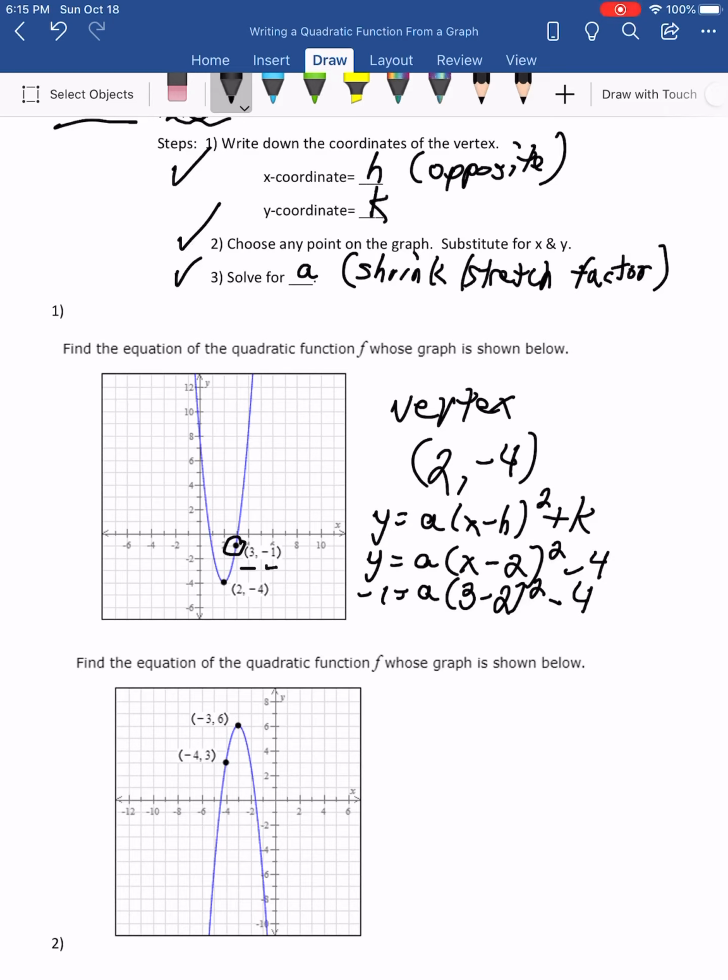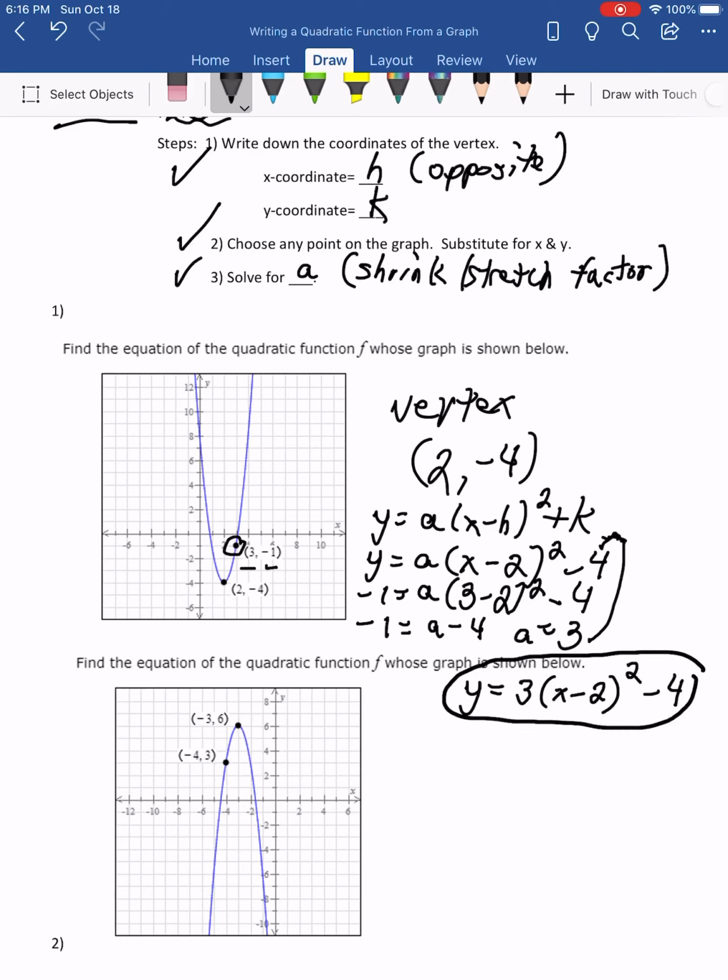Okay, so solving for a here, negative 1 equals 3 minus 2 squared, 1. So just a minus 4, which means a is 3. So we'll substitute that back into here. So your answer is y equals 3 times x minus 2 squared minus 4.